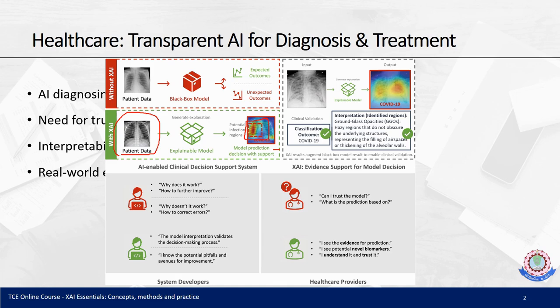In another medical application, explainable modules were added to ECG classification models to visualize which part of the ECG waveform influenced the detection, helping doctors verify the result before acting. So in healthcare, interpretability transforms AI from a black box into a collaborative tool with the doctor.